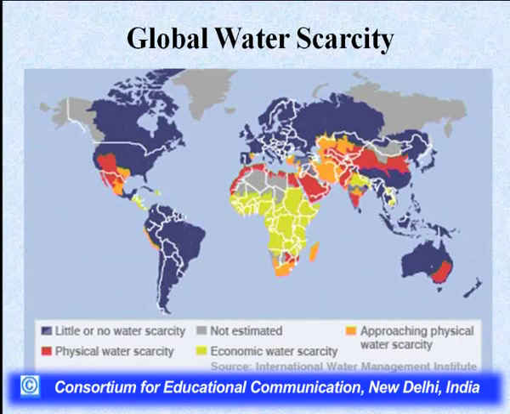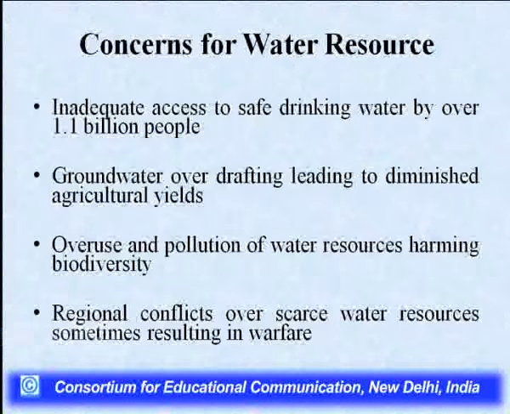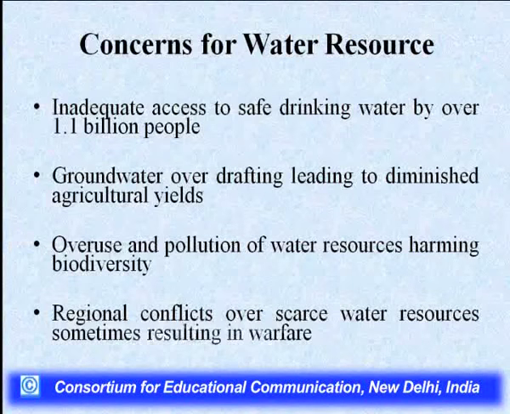There is physical water scarcity, for example in the North African countries and the Middle East countries. There is economic water scarcity in Central African countries, and some countries are approaching physical water scarcity. Those countries are Central Asian countries and different countries of the US and Mexico.